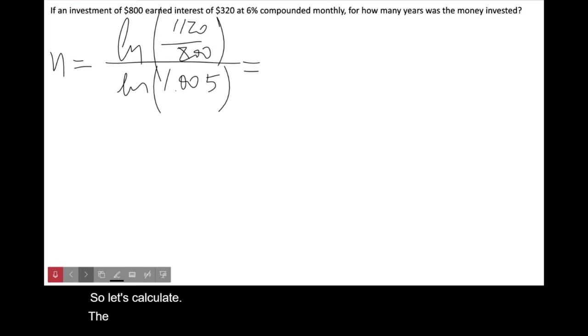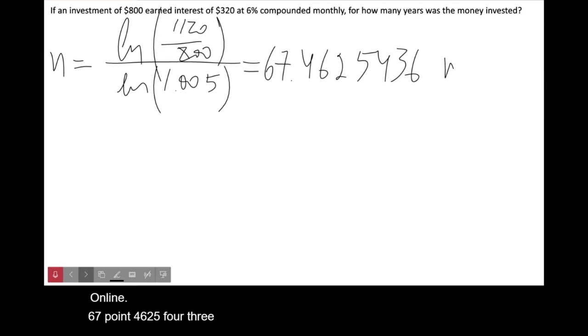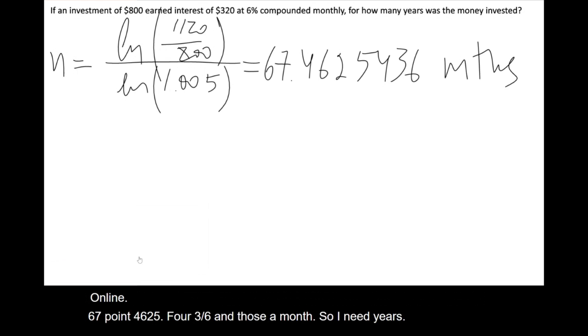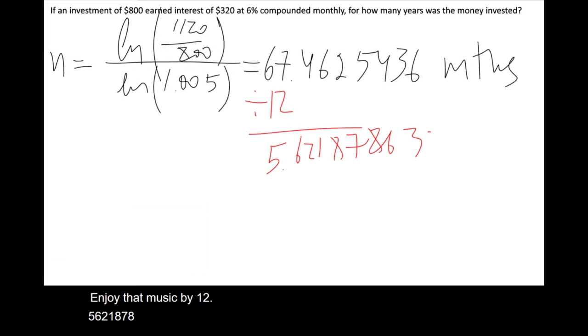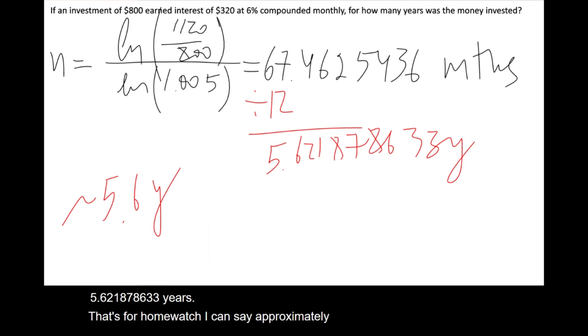Divided by 800 logarithm divided by that, 67.4625, and those are months, right? So I need years, and therefore I divide that by 12. 5.62187863 years. I can say approximately 5.6 years.